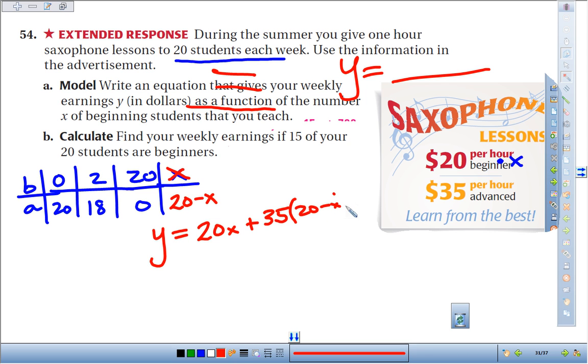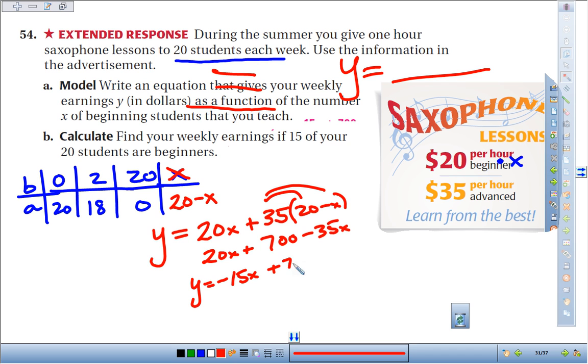Using the distributive property, we get 20X plus 35 times 20, which is 700, and 35 times negative X is negative 35X. Combining like terms, 20X minus 35X is negative 15X, plus the 700, which can't combine because variables don't combine with constant terms. So here's part A.